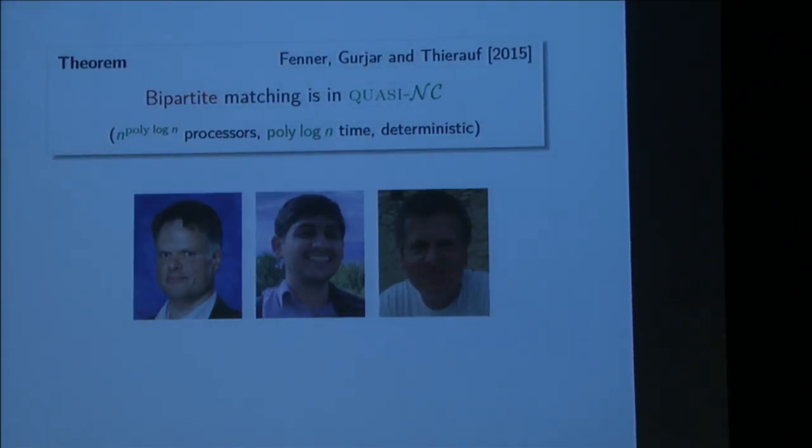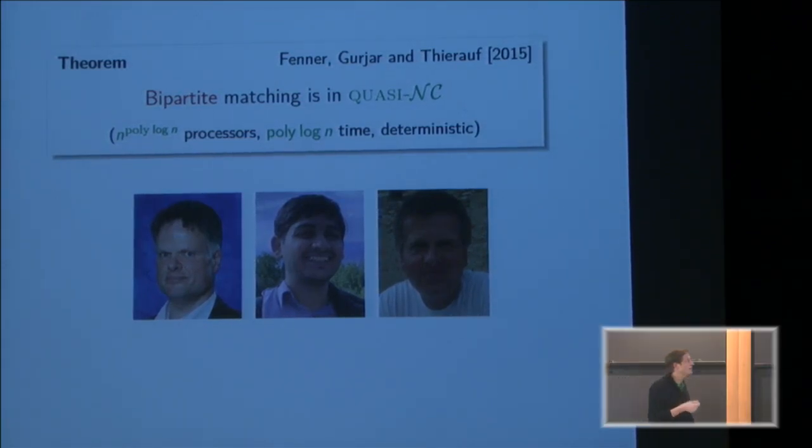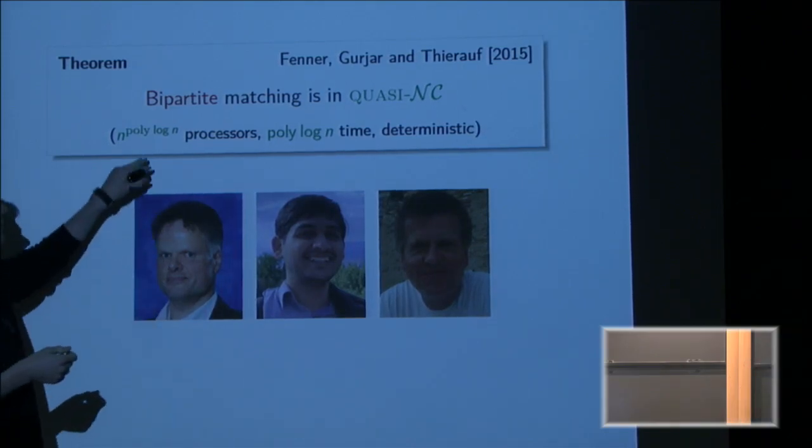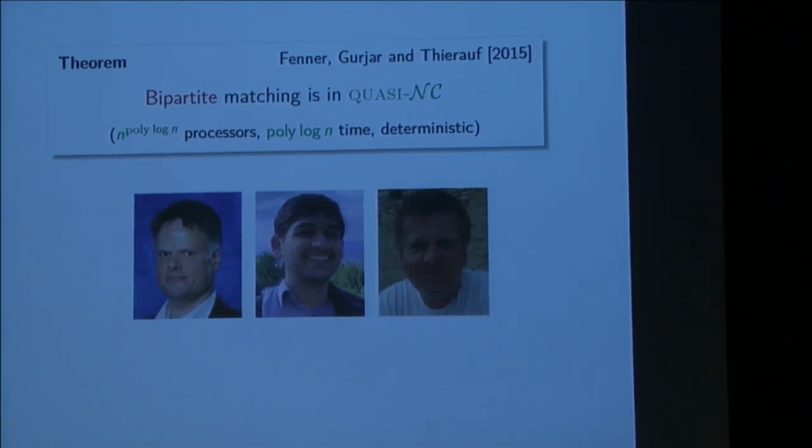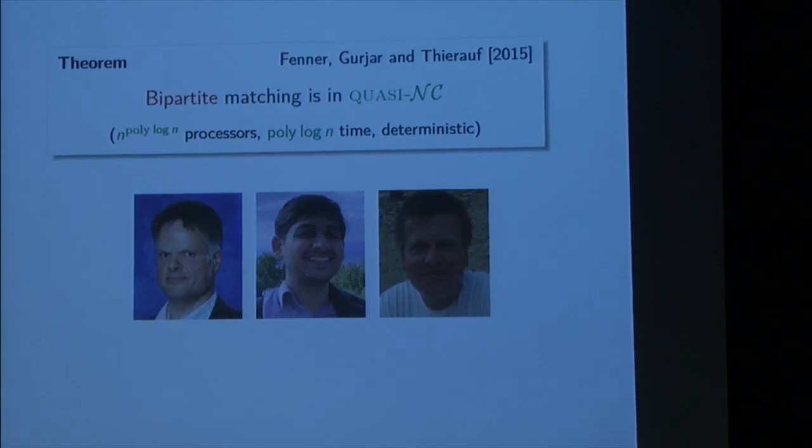They proved that bipartite matching is in Quasi-NC. Quasi-NC is the same as NC, except that here I allow you to use even more processors, quasi-polynomially many. It's a theoretical result, with polylog time, and it's deterministic.